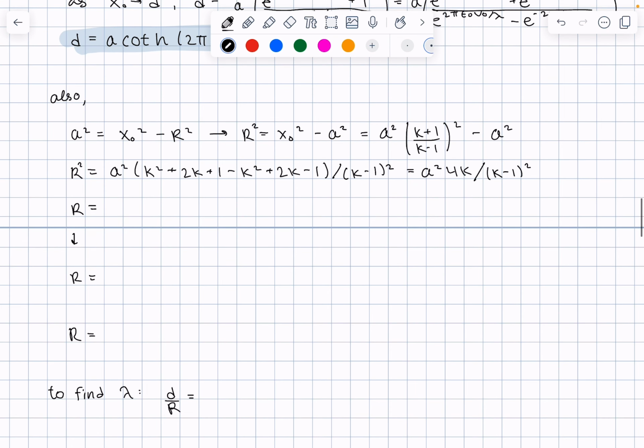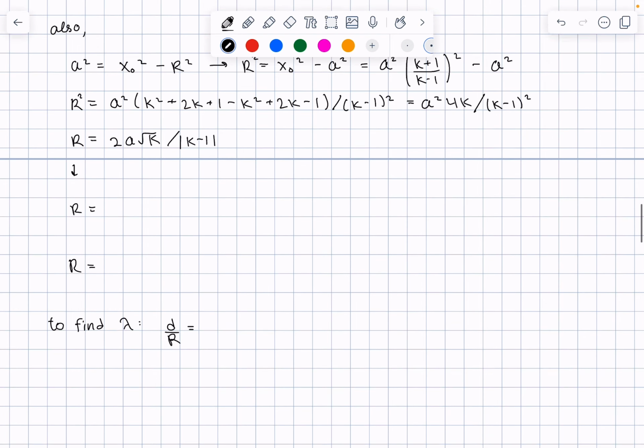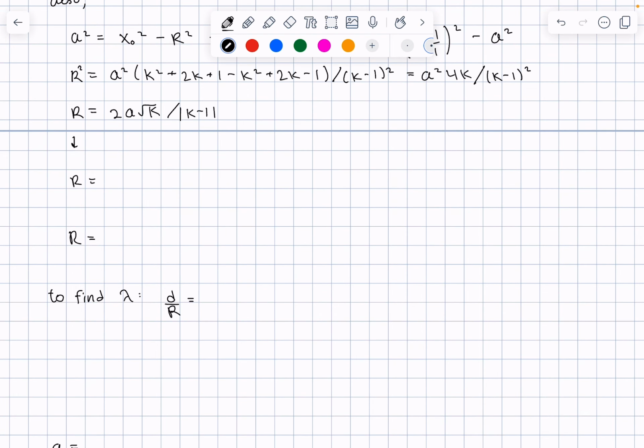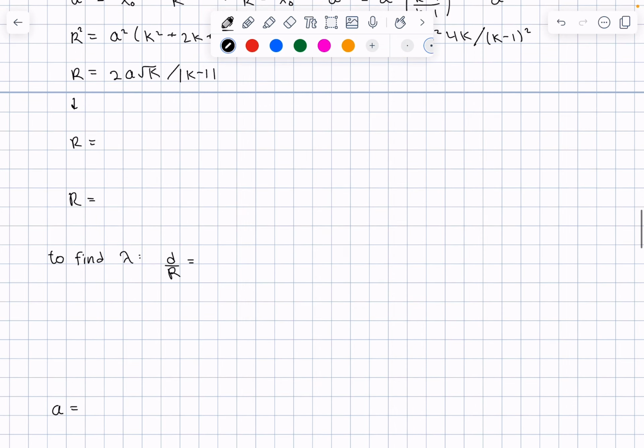All right, and so then we can say that r is equal to 2a square root of k over the absolute value of k minus 1. And now we want to rewrite that in terms of our potential v naught.